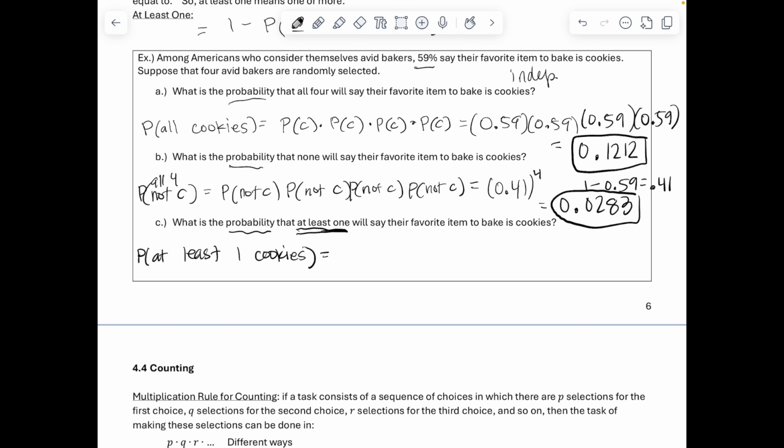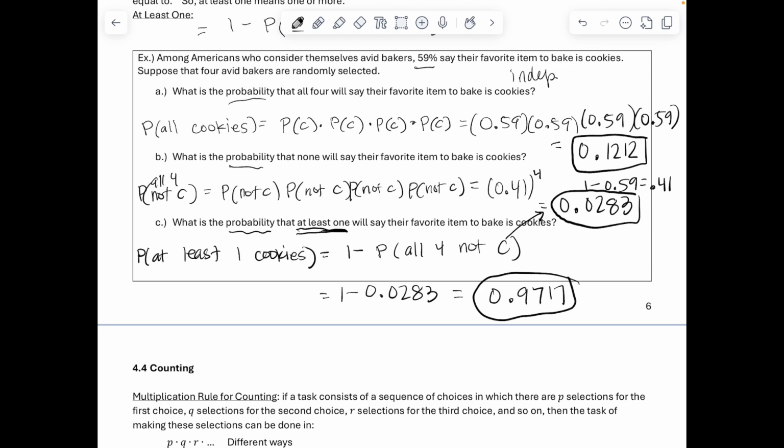So the only case that we're not looking at is that nobody likes to bake cookies. And so we're going to use that complement, 1 minus the probability that all 4 are not baking cookies. And we calculated this above. And so we're going to have 1 minus 0.0283. And so subtracting this on our calculator, we get 0.9717.